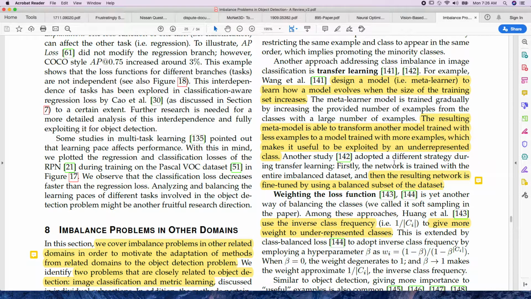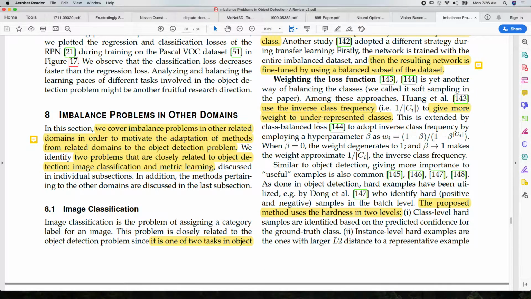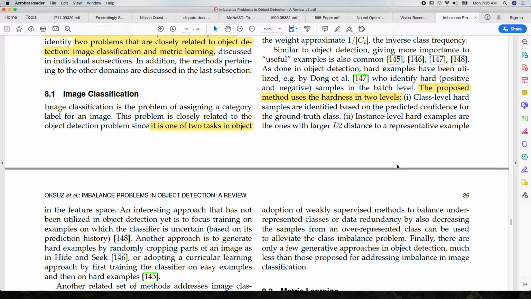But after you have trained the network with the entire imbalanced set, you hold out some set out of it. You can also weight the loss function to give more weight to the underrepresented classes.